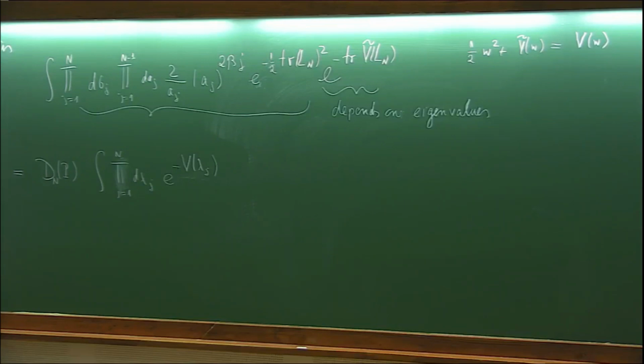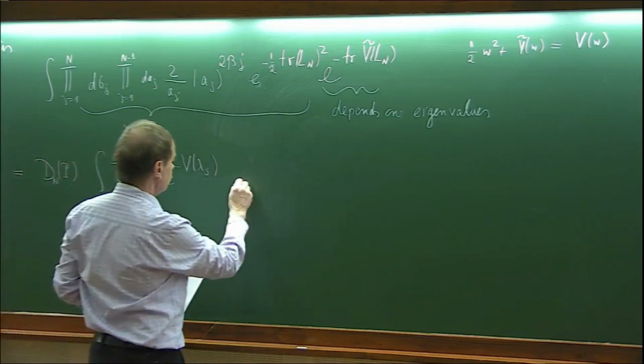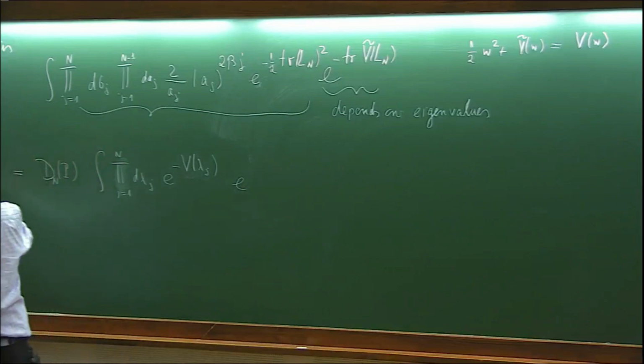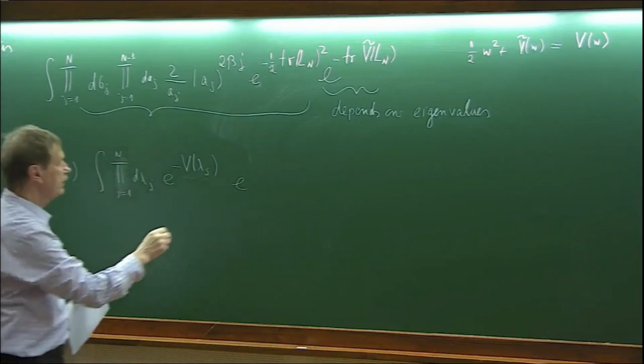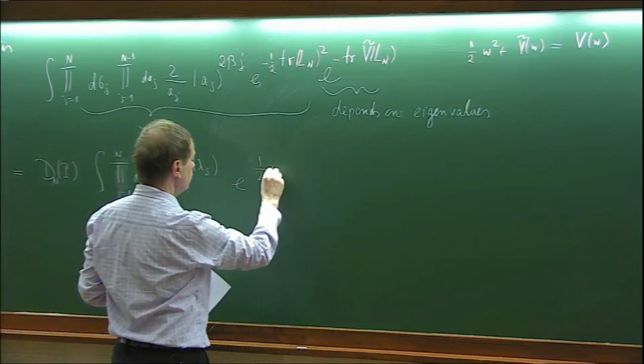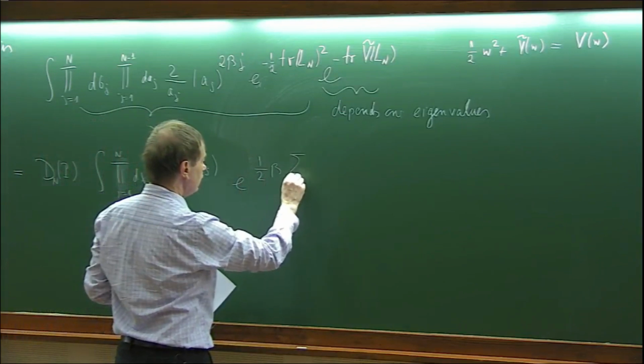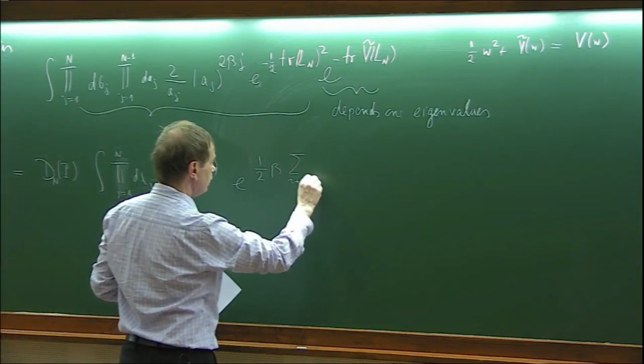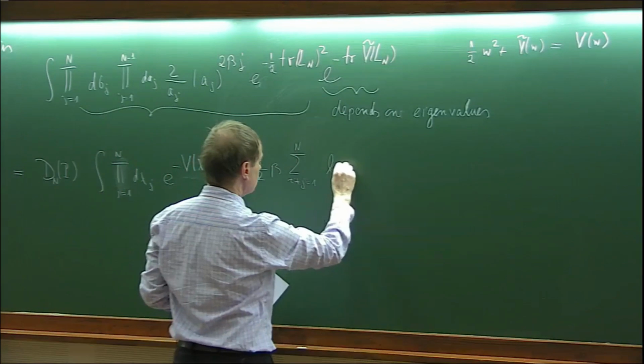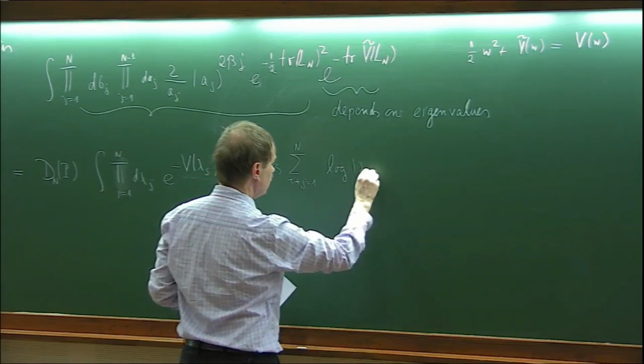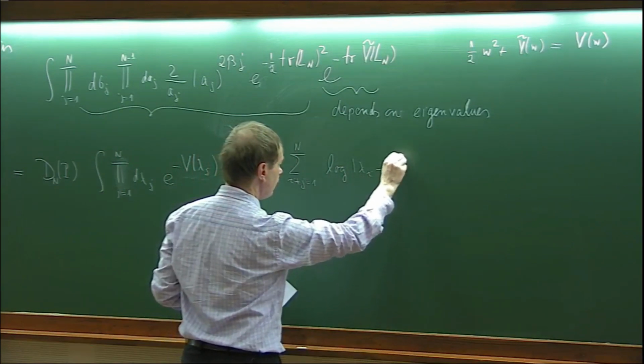Now let me write it in a more statistical mechanics way, which would put this up in the exponential. So there would be the e, and since it's i less than j, there would be a factor 1/2. So it's 1/2 over beta, the summation i different from j equal 1 up to n, and then you have the log of lambda i minus lambda j.